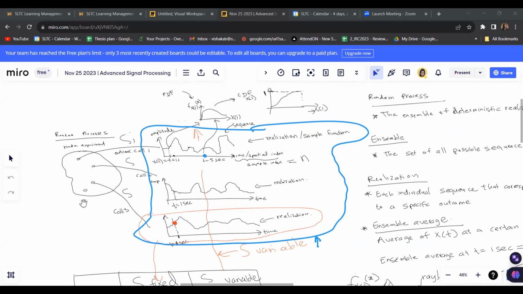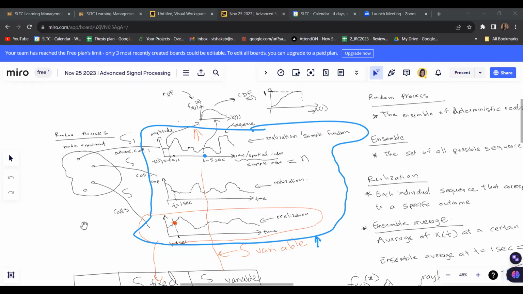If we take an example, we can take the situation where we are receiving different calls from a certain transmitter at different time instances, right? So we can consider those different calls as outcomes of a random process.